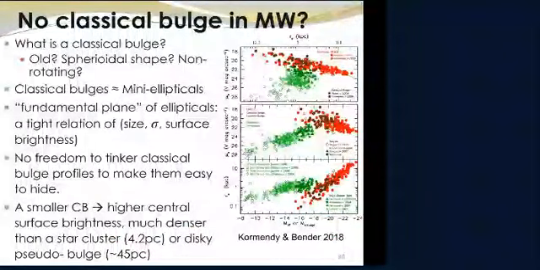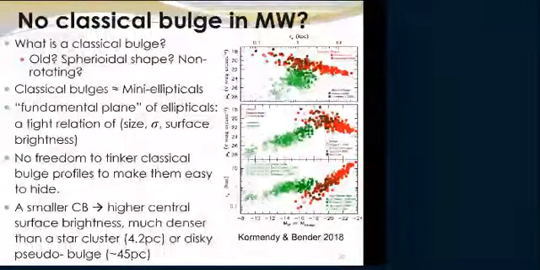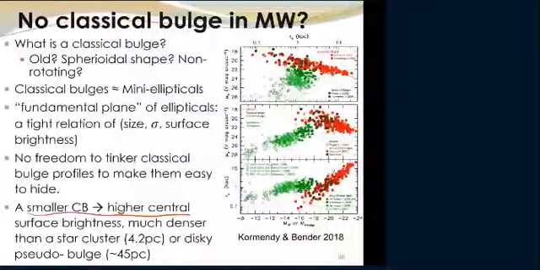Okay, and I'm going to skip this. This is just showing you that probably there's not a very significant classical bulge in the Milky Way. If you have a classical bulge, it tends to have very high central surface brightness, and that's often much denser than a star cluster or disk-extruded bulge, and we don't see that.